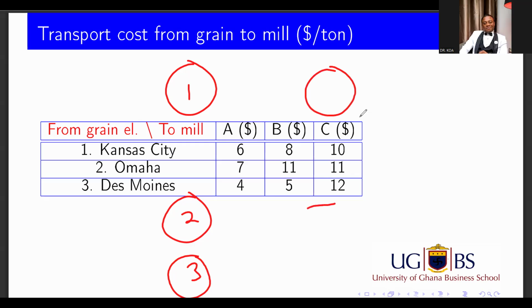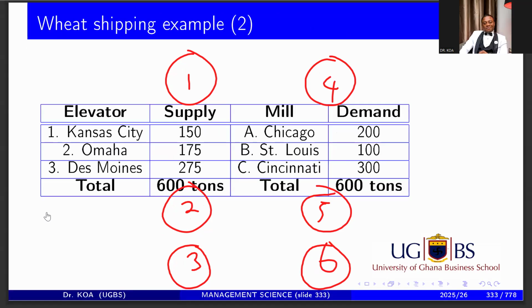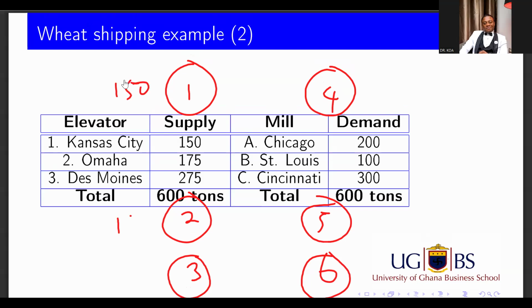In this case, there were 3 demanders. So you continue as 4, 5, and 6. On the right side of each, you will write the tons that were supplied or demanded. Okay. So when you take this one here, the tons that were supplied from Kansas City was 150. So you write 150 here. You write 175 there.